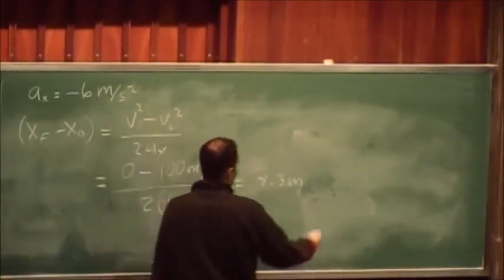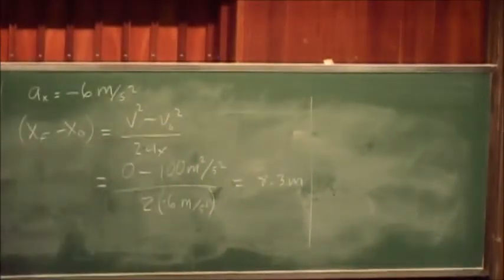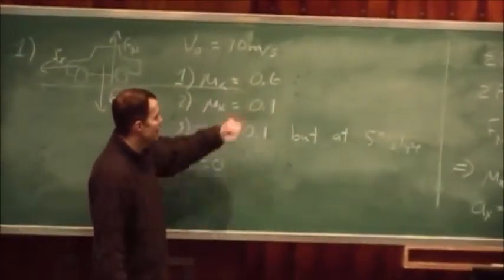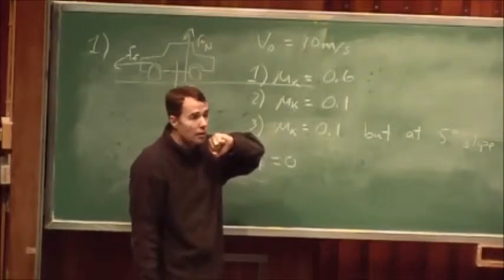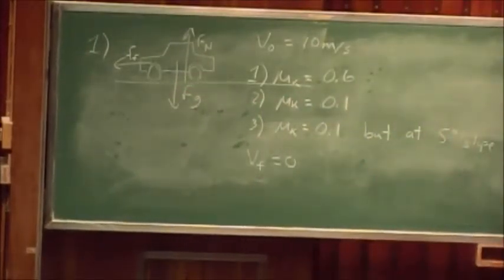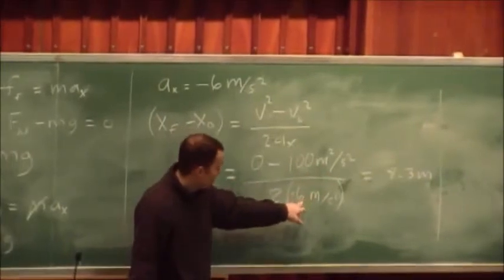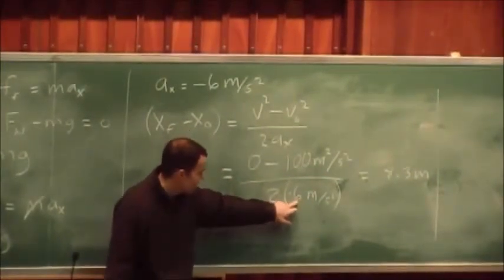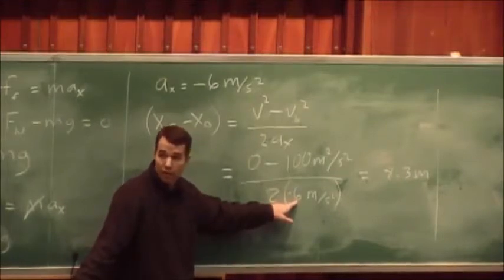Okay, so now let's do the next situation. All that we have is, instead of a coefficient of kinetic friction of 0.6, we have a coefficient of kinetic friction of 0.1. So instead of getting minus 6 meters per second squared, we get about minus 1 meter per second squared.